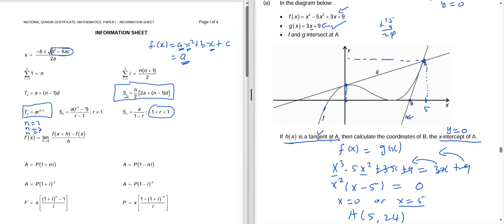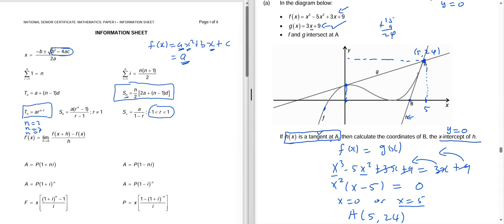Now we have our coordinates of 5 and 24. Now let's try to interpret what this statement was saying. It is saying if h of x is a tangent at A, what that means is that a tangent is related to the function that it is touching.